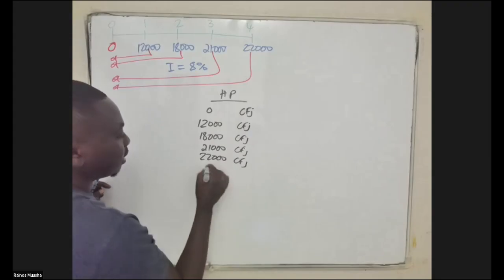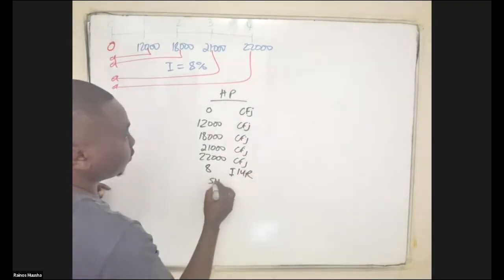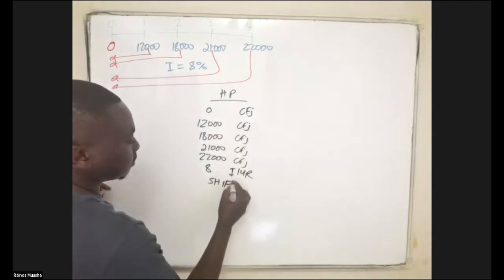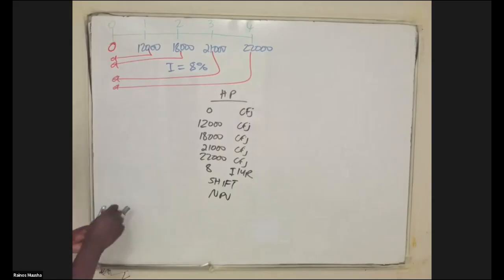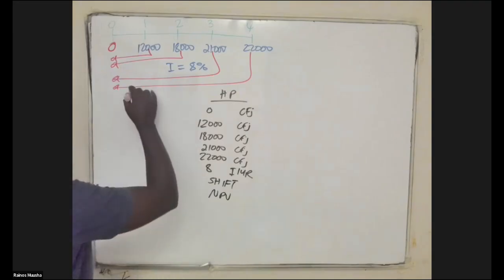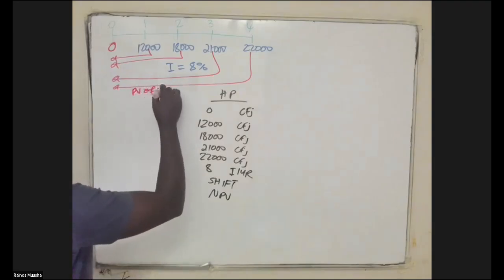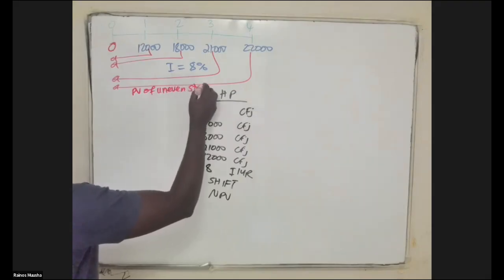Then after that, you're going to say 8, you press the interest per year button, then shift, then net present value. So this will give you the present value of an uneven stream of cash flow.